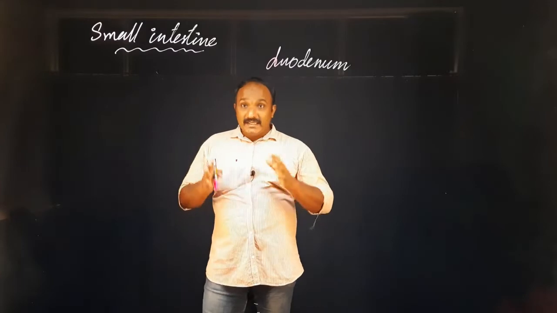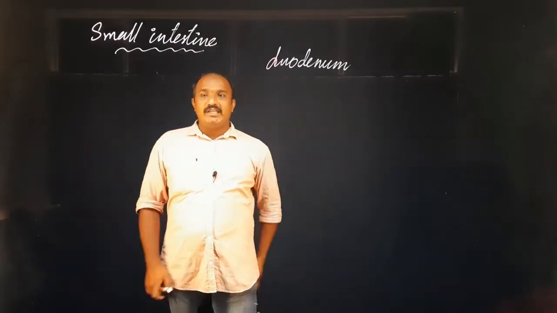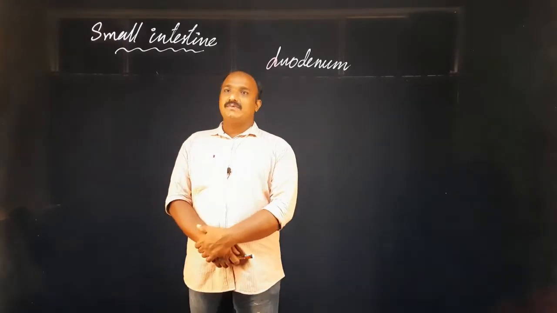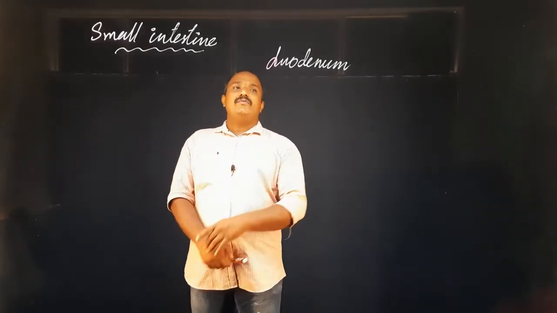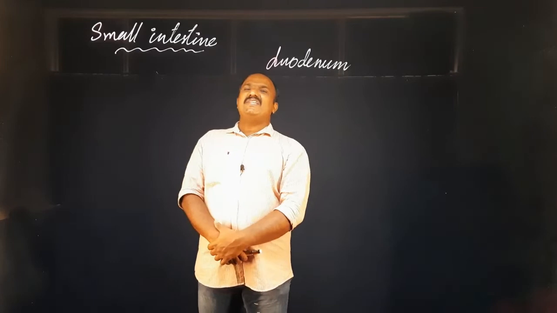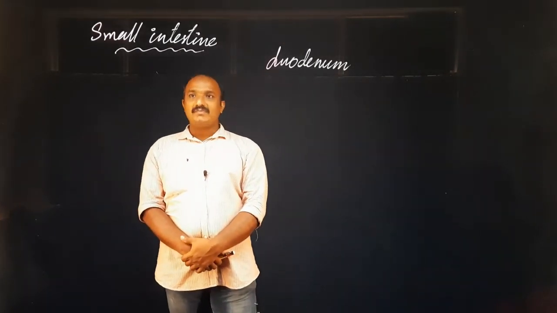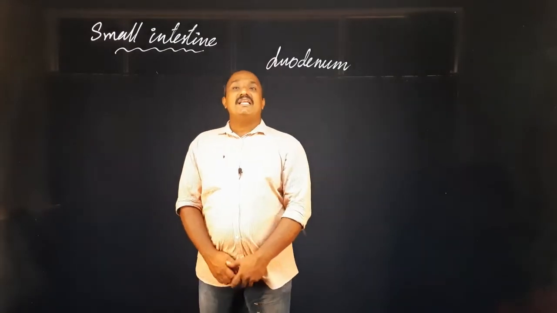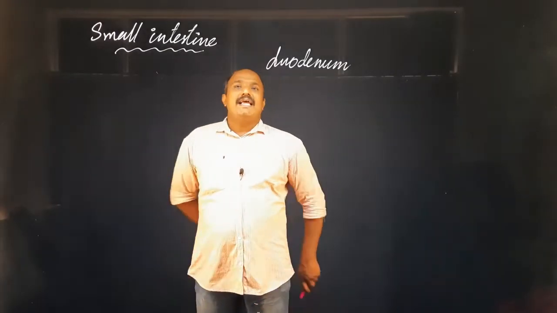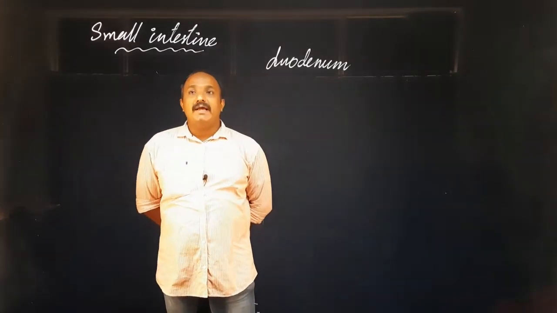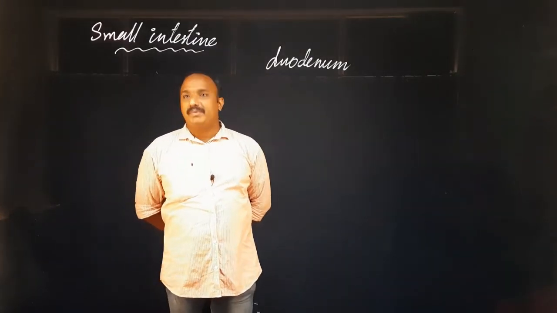Duodenum means the initial part of the small intestine. From this area some changes happen to the food materials. For that our liver is helping, and also some digestive juice coming from the pancreas is helping.